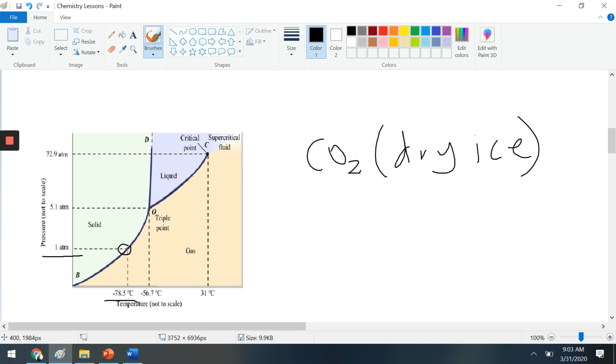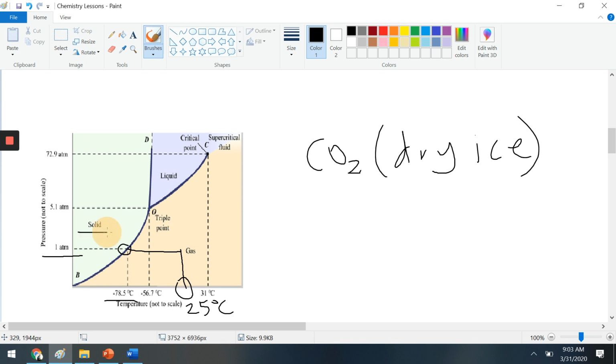If I was to take out dry ice at 1 atm and bring it to room temperature, which is 25 degrees Celsius, this here should be 25 degrees Celsius. It's going to sublimate, which means it's going from solid to gas directly. So it's slightly different in terms of looking at the phase diagram for water.